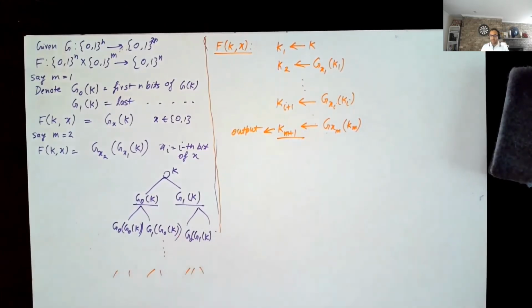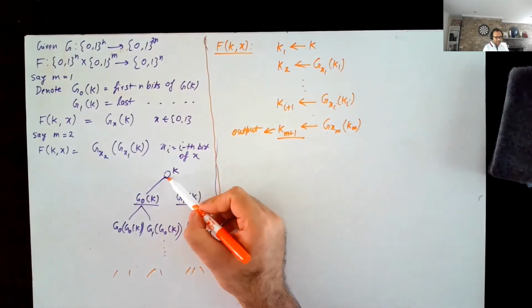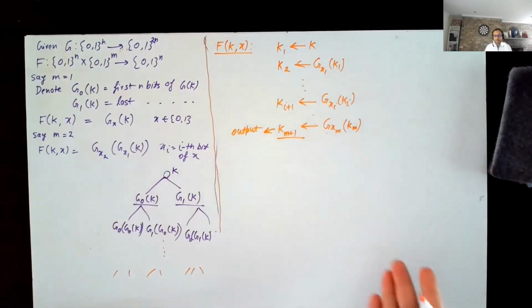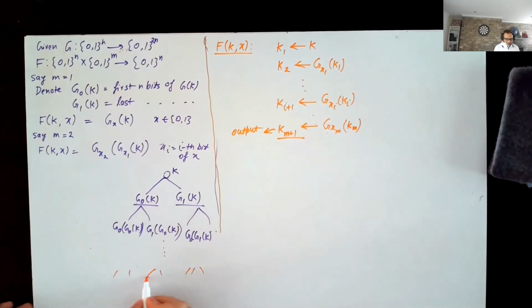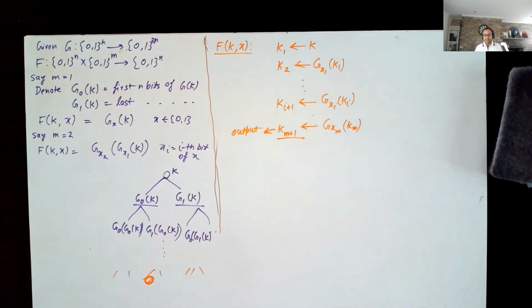Depending upon your input, you start with the root and go left or right depending upon whether the next bit is 0 or 1, and finally you end up with some leaf of the tree, and that gives you the output. Okay, so hopefully the construction is clear. Any questions about the construction?